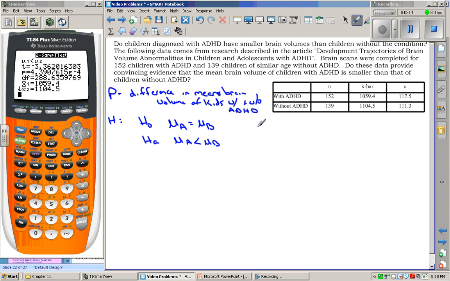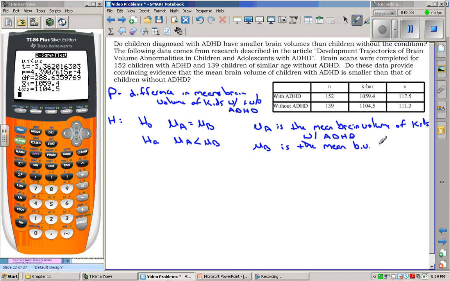Make sure you tell me what each one is. So mu A is the mean brain volume of kids with ADHD, and mu B is the mean brain volume of kids without ADHD.